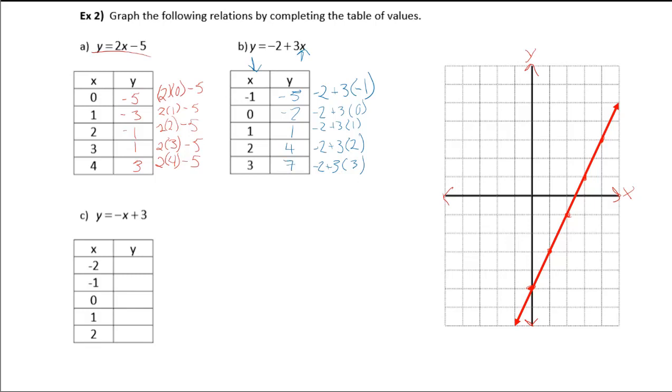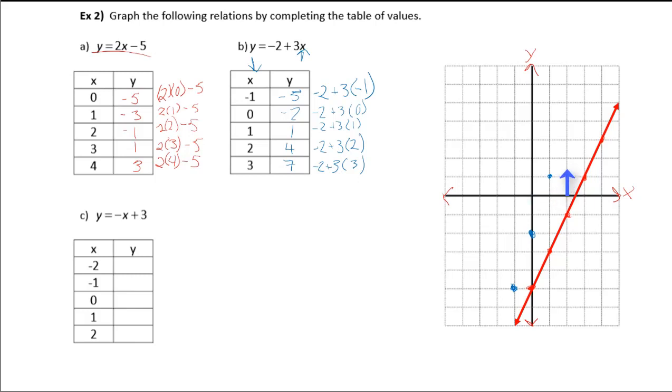So here we're given our points, our x and y values. Our x is negative 1, negative 5. So at negative 1, negative 5, right here in blue. Then we have 0, negative 2. So at 0, negative 2, in blue again. 1, 1. 2, 4.